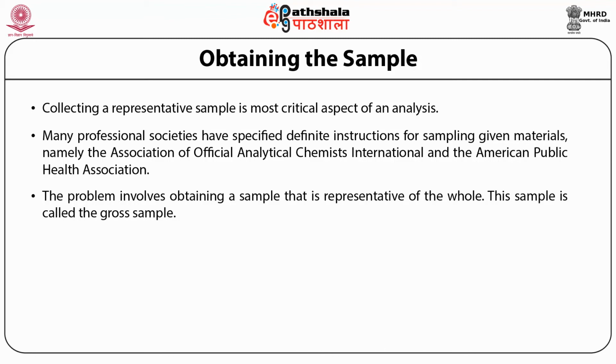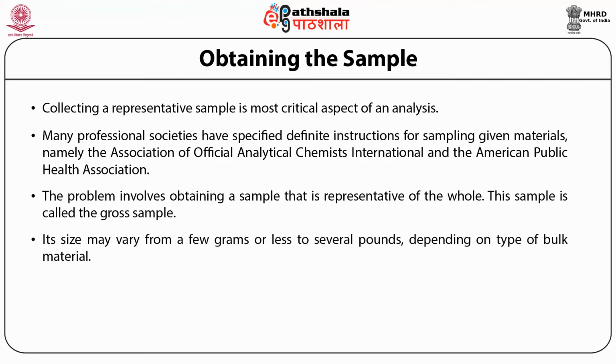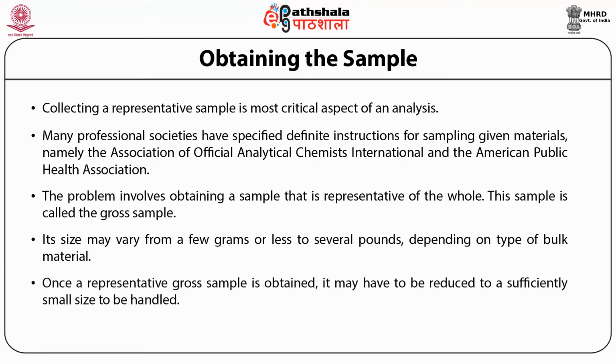This sample is called the gross sample. Its size may vary from a few grams or less to several pounds depending on the type of bulk material. Once a representative gross sample is obtained, it may have to be reduced to a sufficiently small size to be handled. This is called the sample.